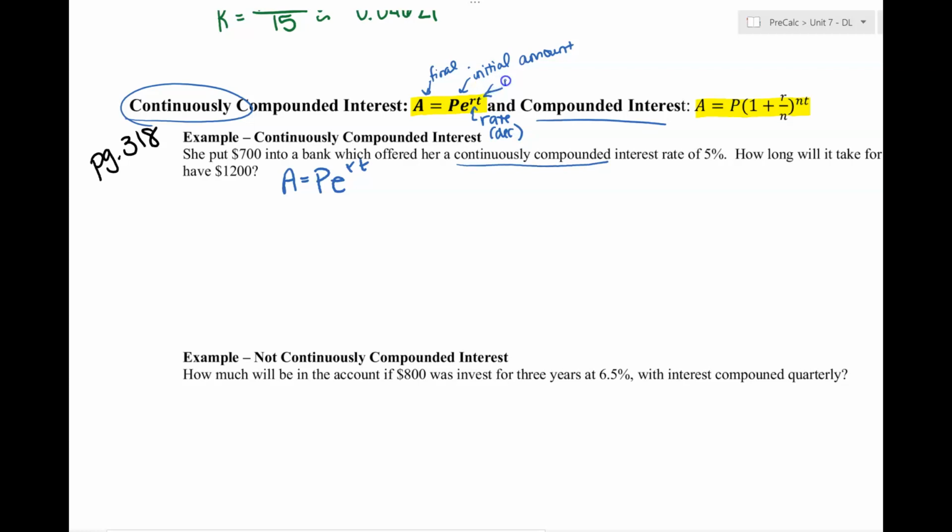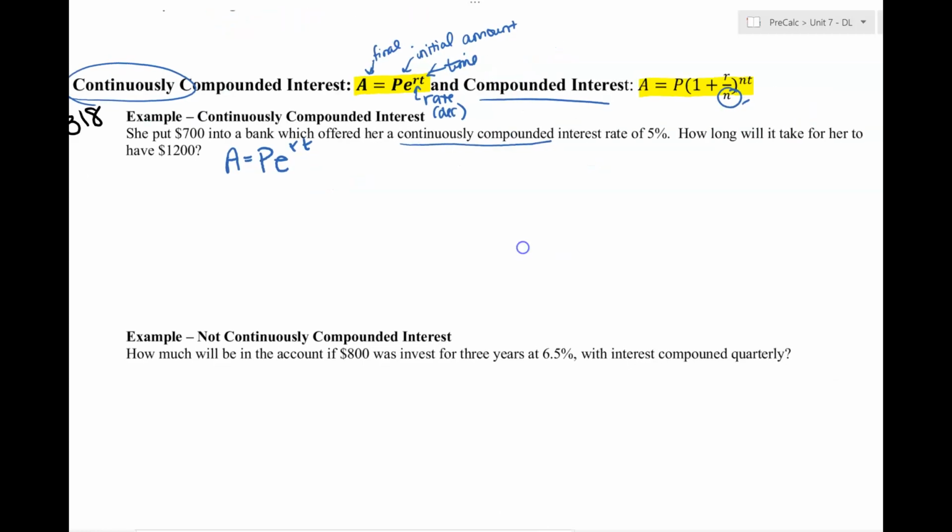And then t is time. Now, everything for the compounded interest stays the same, except n. n is the frequency that it's compounded. So if it's monthly, n is 12. If it's daily, n is 365, because we're assuming it's in years. Make sure that you go based off of years.